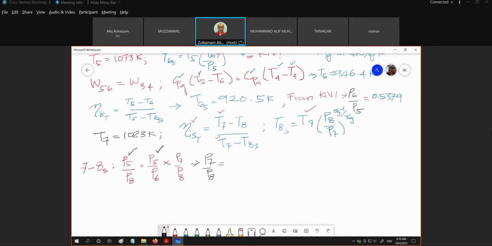So the overall pressure ratio is 9.5, multiplied by 1 over 0.5379. Then you solve for your P7 over P8. Try to get your P7 over P8 right here. 5.1101.